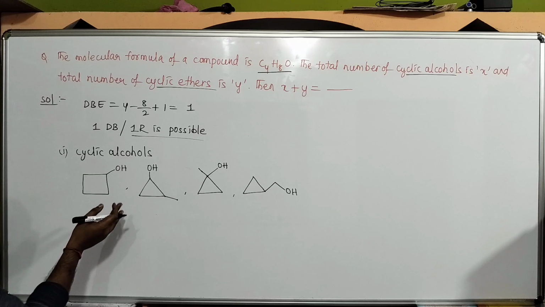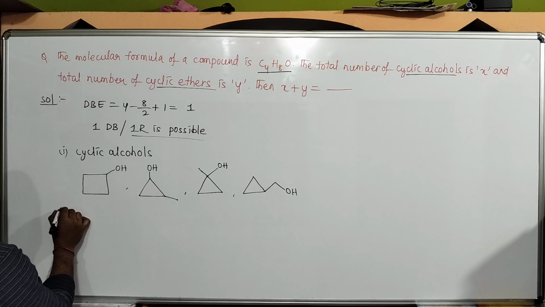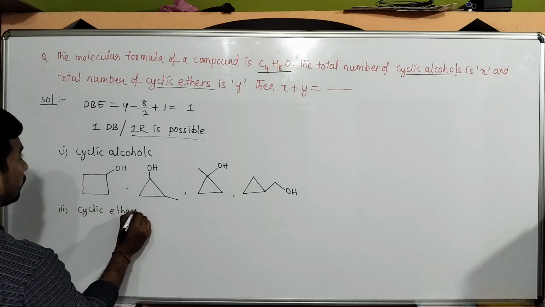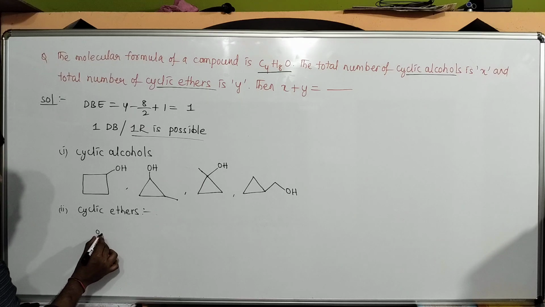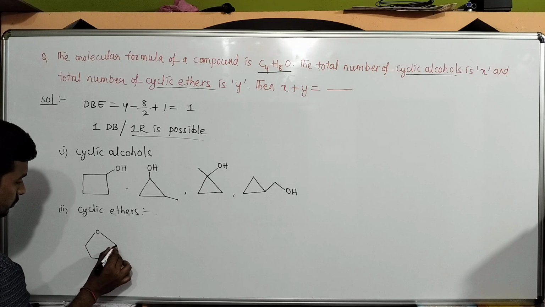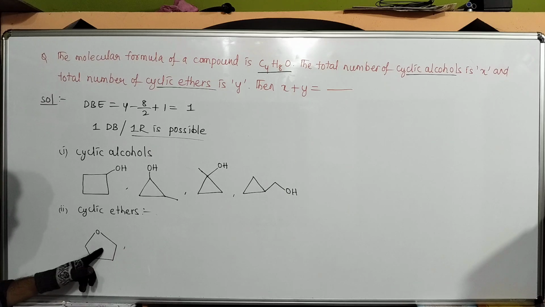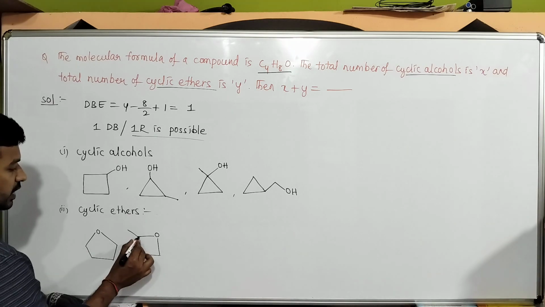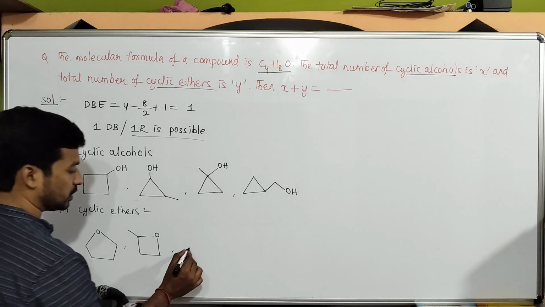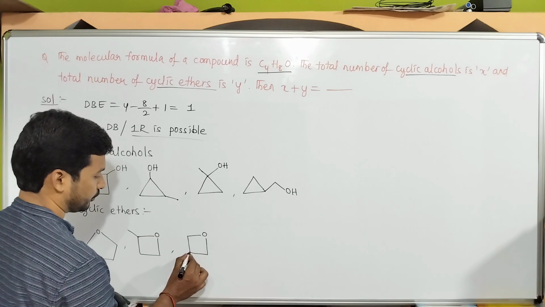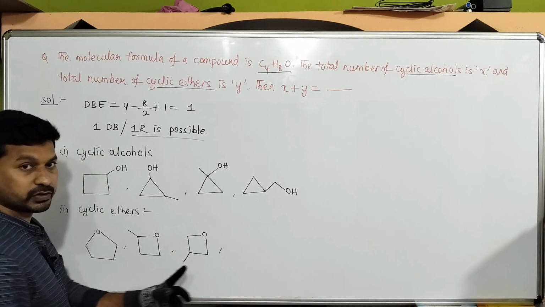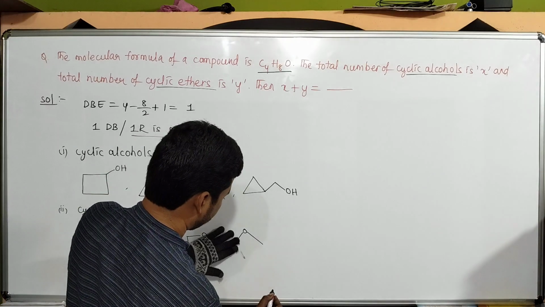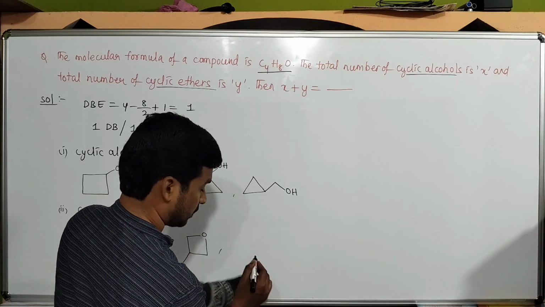Any more? Okay. Now cyclic ethers with 4 carbon atoms. I am taking this as 1. Then reduce ring size to 4. In this one, take a branch here or take a branch here, that will become one more isomer. And reduce ring size again, take ring size 3.